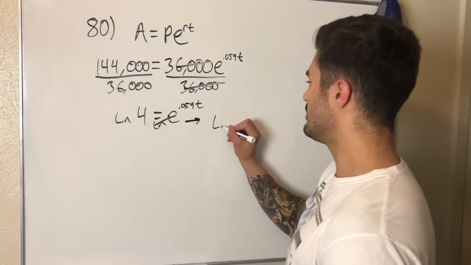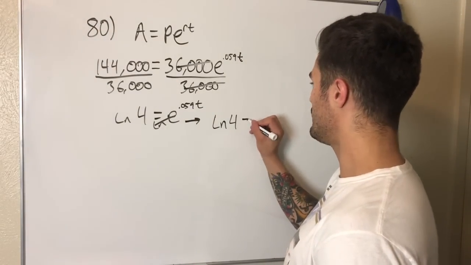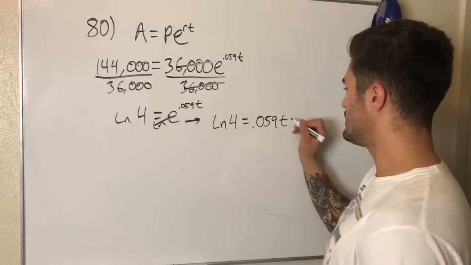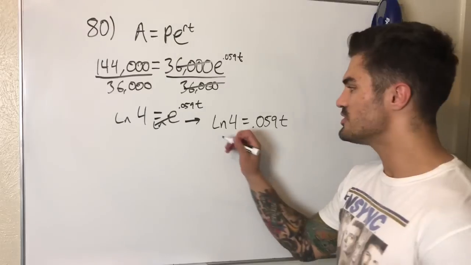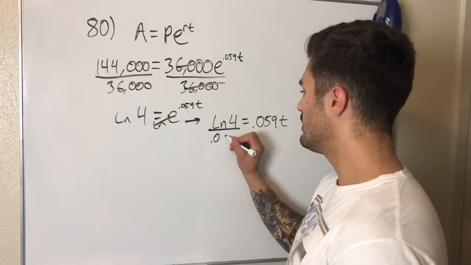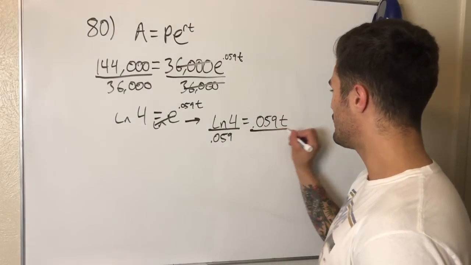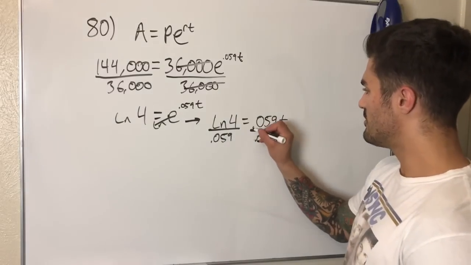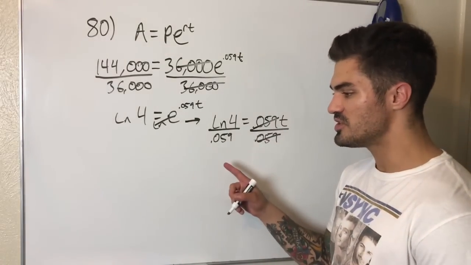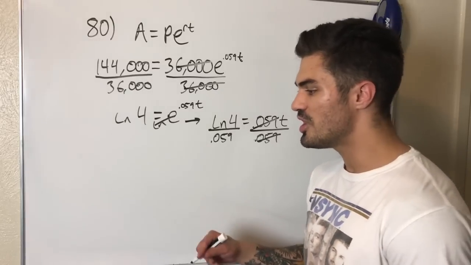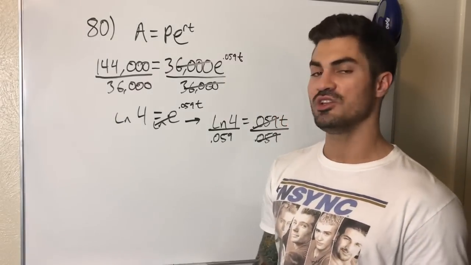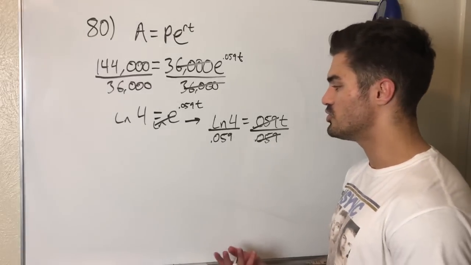Let me draw an arrow here. What do I have now? ln of 4 equals 0.059 times t. Divide both sides by 0.059, and ln 4 over 0.059, that's going to be my solution for t. So when I punch this in a calculator, I should get like 23.48, and it says round to the nearest year, so I'm going to round down to 23.